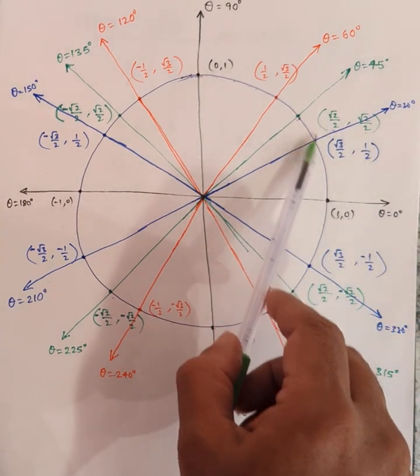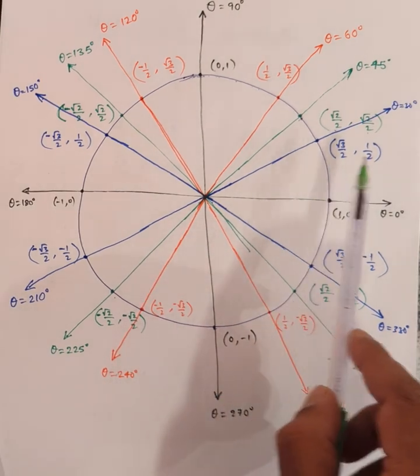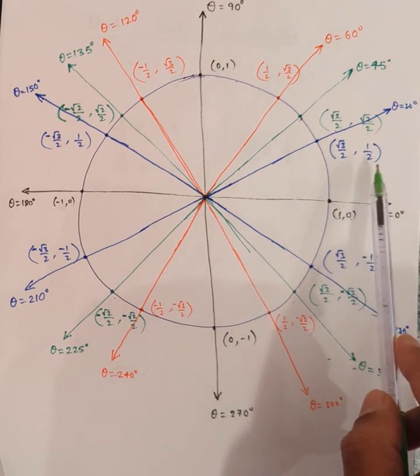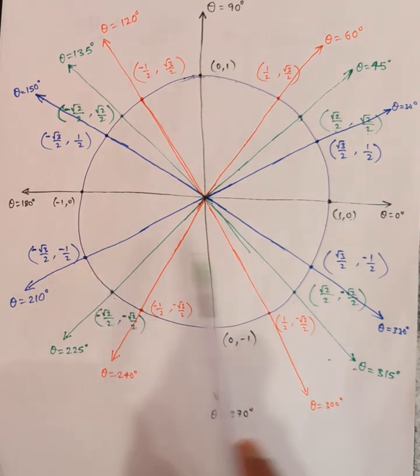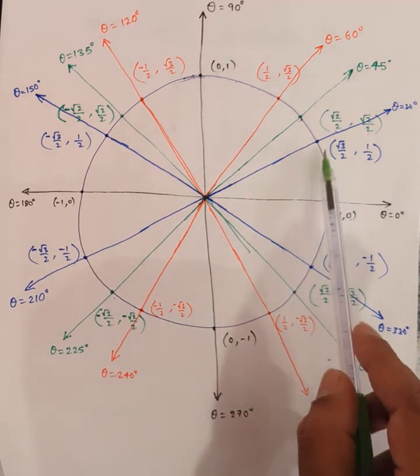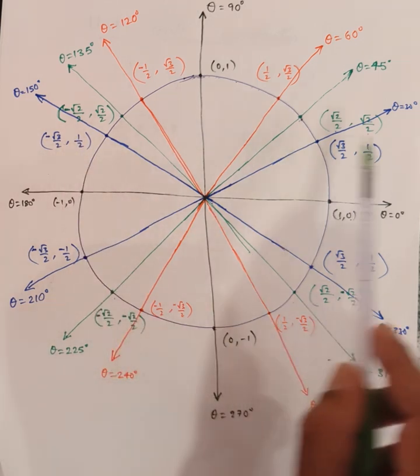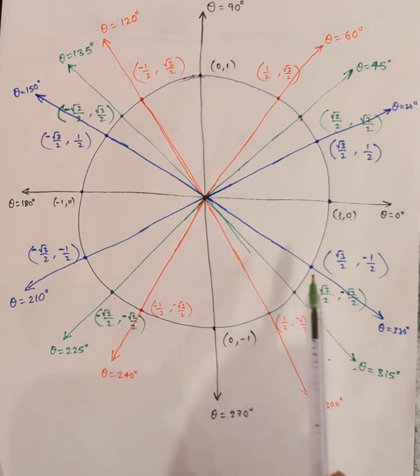But if you are coming closer to the x-axis, then the x coordinate will be more and the y coordinate will be less. That's why you will write root 3 over 2 and 1/2. And that's how you would fill these 4 points. And I've drawn them in blue. So they all have the magnitudes root 3 over 2, 1/2. And then you will supply the negative signs.